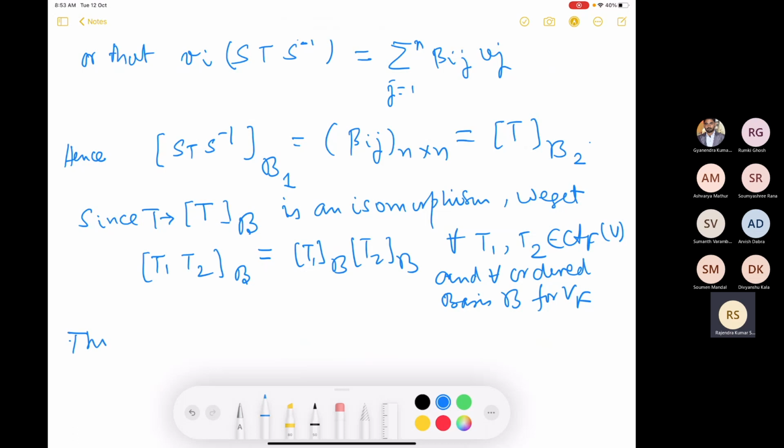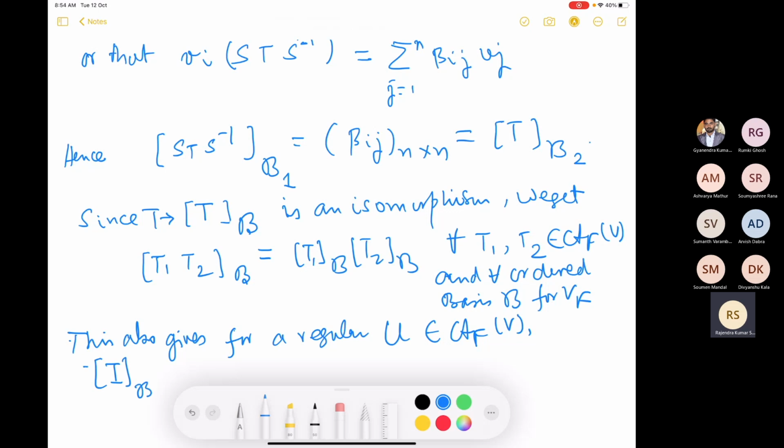This also gives, for a regular linear transformation, say U in A(F, V), that the matrix of the identity, which we know is the identity matrix, is the matrix of the identity linear transformation. Say U and this is U inverse. This is the matrix of U and the matrix of U inverse.